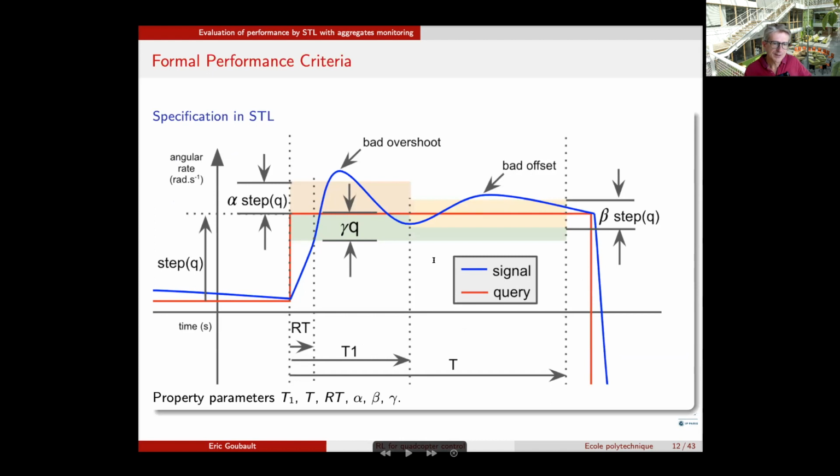And basically the performance evaluation will try to see a certain number of formal properties, and the ones we consider in this paper are just some formal specification of the rising time. So you see in red the query signal, the plateau which takes t seconds, and in yellow what the controller does.